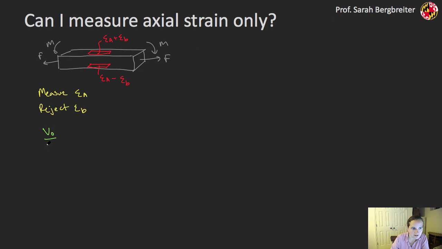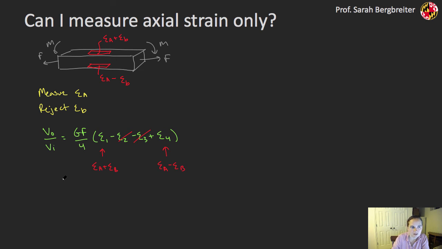So if I write down that full bridge equation, I'm going to need these to be in the terms that add. So I'm going to need one of these in epsilon 1. So let's say that's the epsilon A plus epsilon B term. I'm going to need the other to be in epsilon 4, epsilon A minus epsilon B. In this case, I only have two strain gauges, so I can just cancel the two other ones.